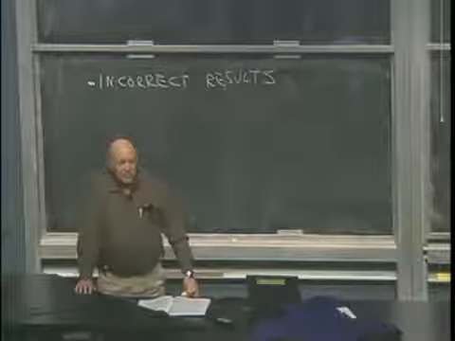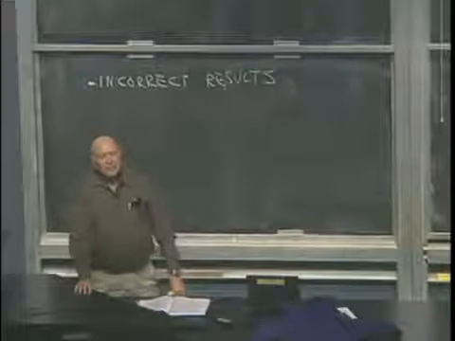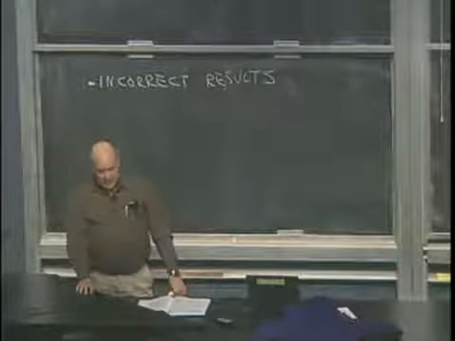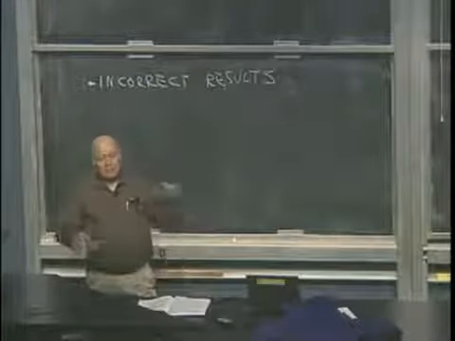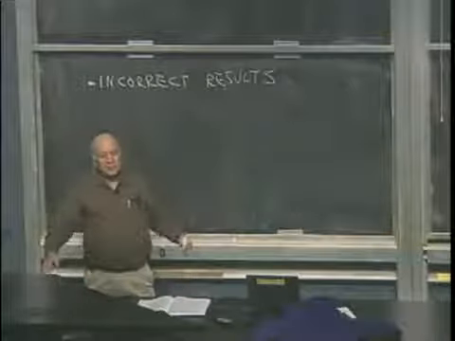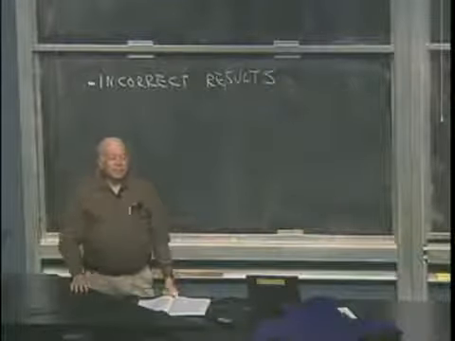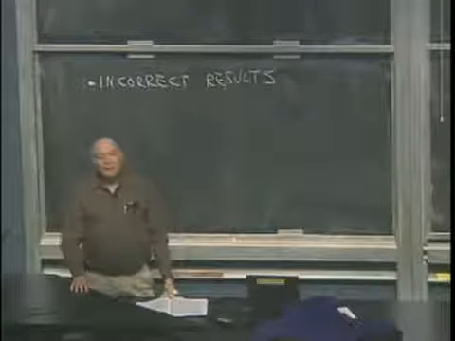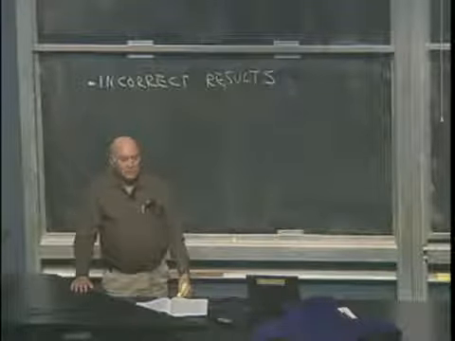So you can do things in parallel, but you have to get the same answer you would have gotten if you didn't have parallelism, if you did this thing and then you did that thing separately.